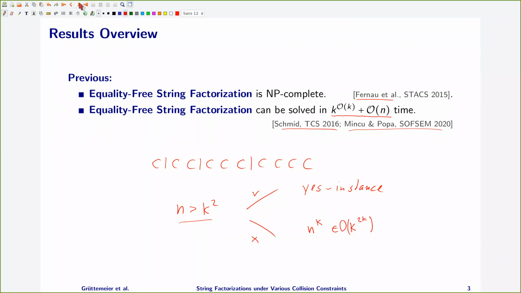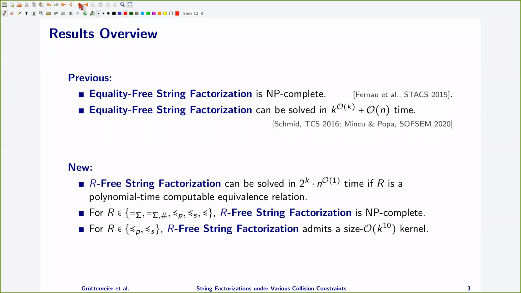Okay, so this is what we had before, and now our main results are the following. We improve the running time to O of k to 2 to the k, so the exponential part of the running time.